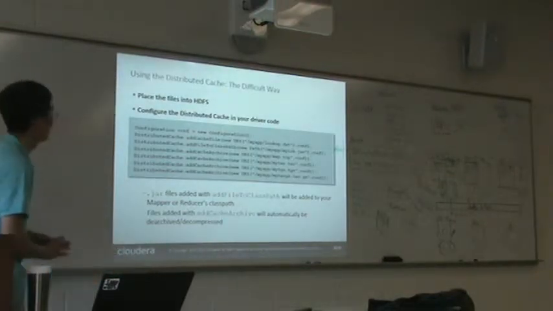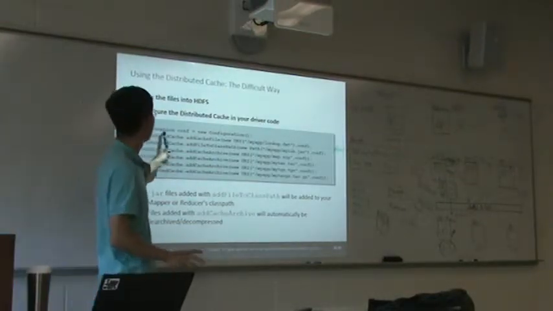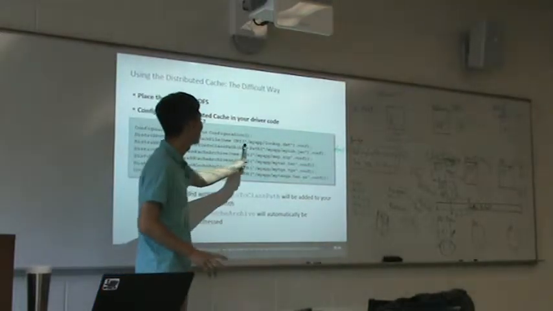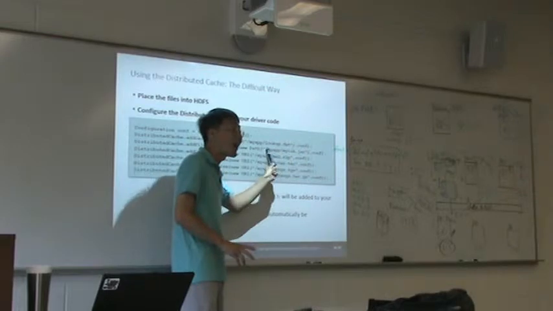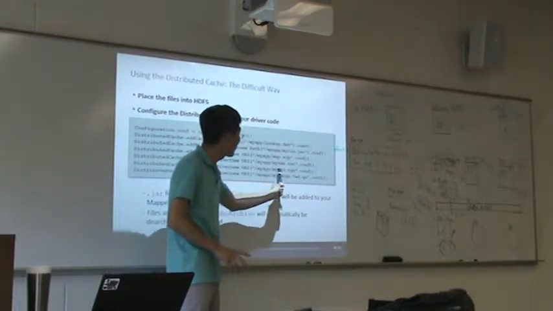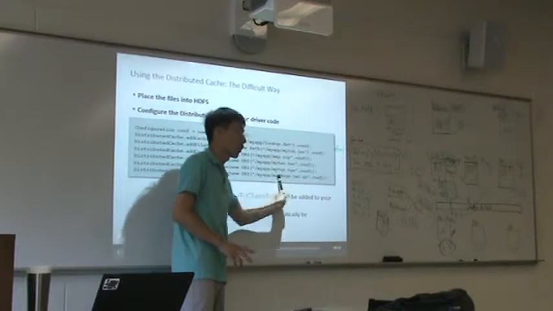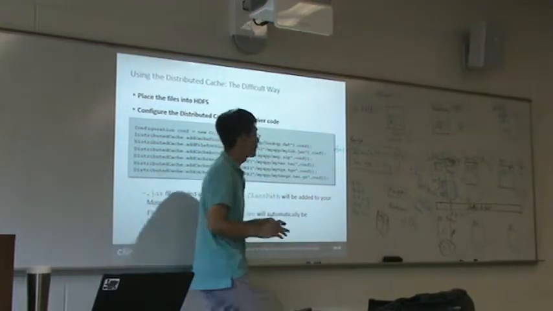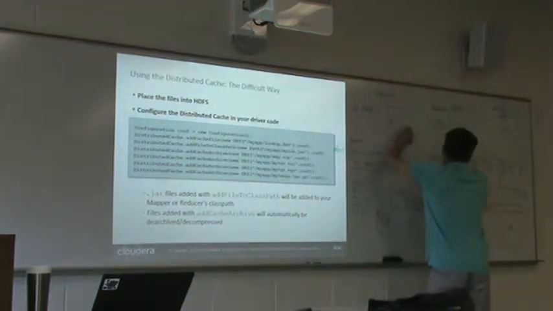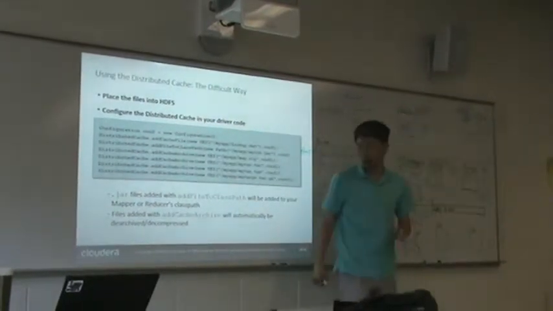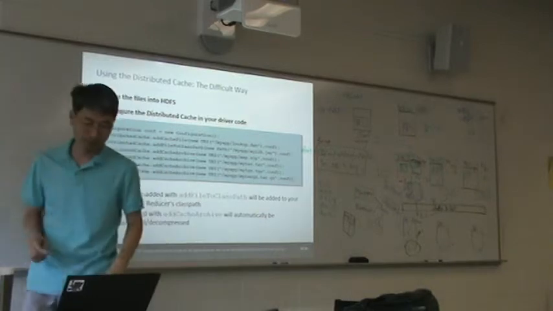So for example, configuration, it will use the configuration. Add cache file: you can specify the file. Sometimes you can specify a compressed file or a tar file, even an unzipped file. Then this pushes the file to all the task trackers.